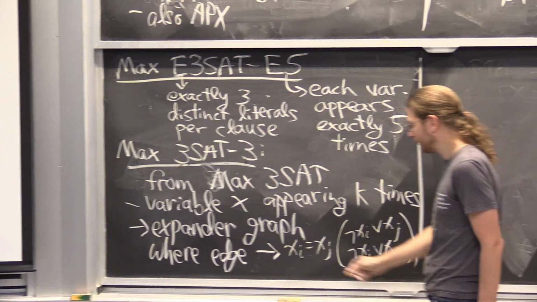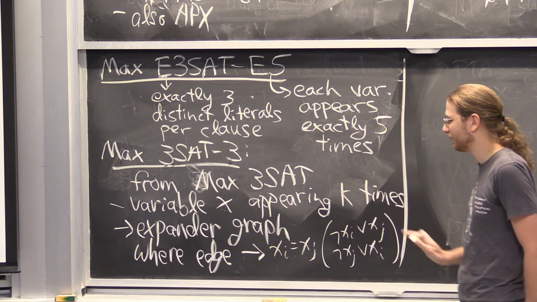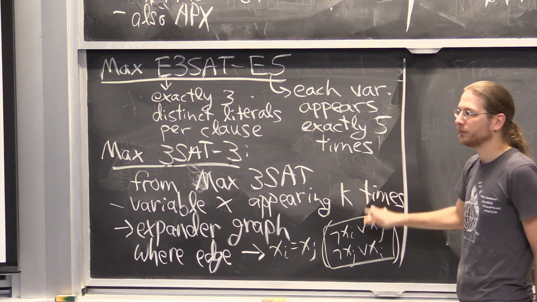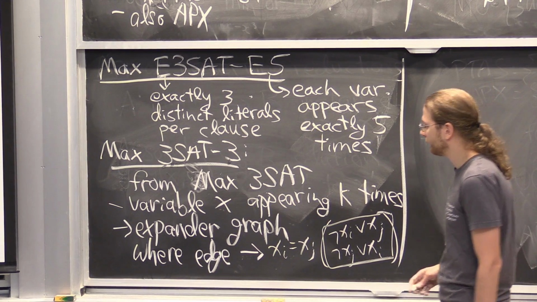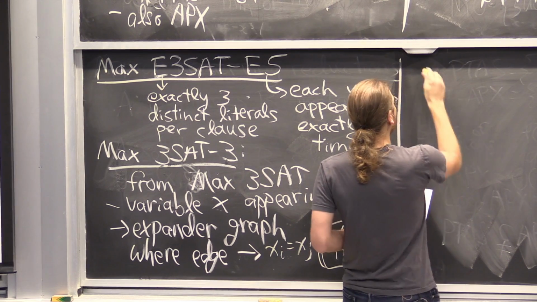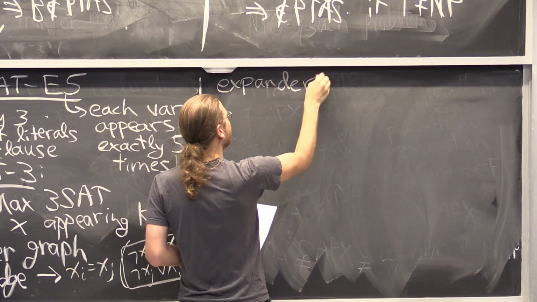Okay, so I really probably shouldn't think of it as xi equals xj. That's what I want to do. I want to force lots of things to be equal. But really we have to, in the end, think about it in terms of constraints because some of them might be violated. Okay, but so what is an expander graph? There are different types, but what we will use is two properties.